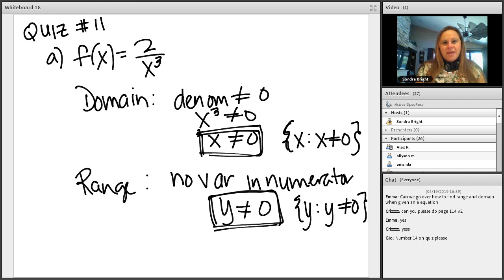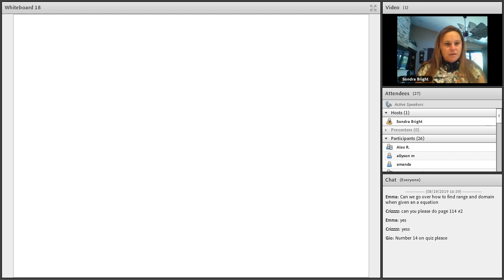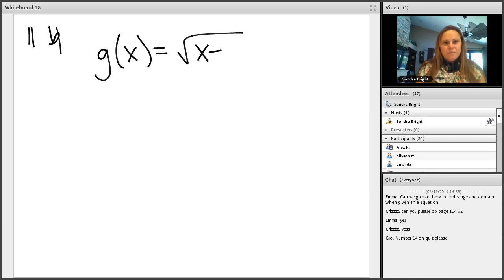And then if we did 11b, we'll go to a new page. So this is still 11b. We've got g of x is equal to the square root of x minus 3. And so you don't have a variable in the denominator, you do have the square root of something.